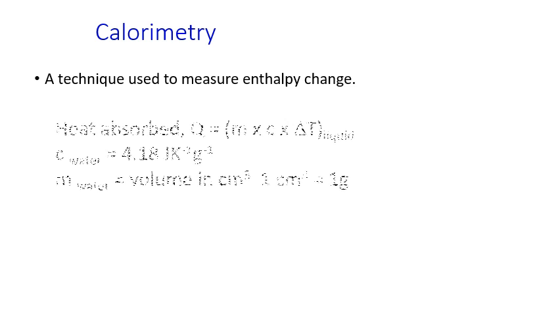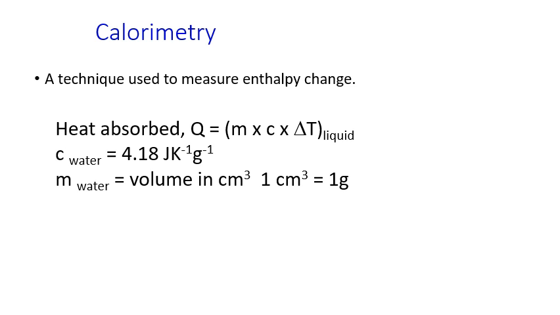The technique that we use to measure these temperature changes is known as calorimetry. The heat absorbed equals Q = m times c times delta T, where c is usually for water. The mass of water is based on its density of 1 gram per centimeter cubed.